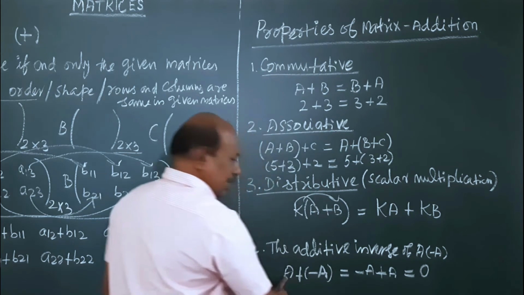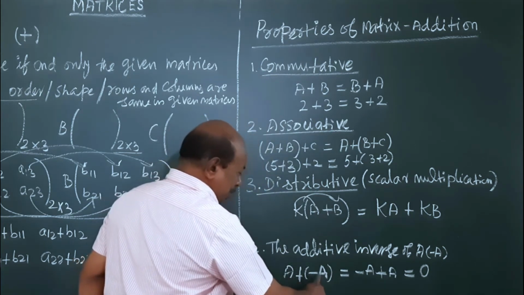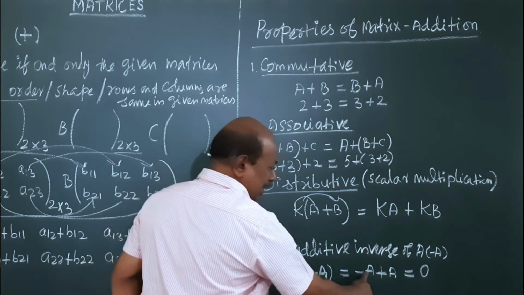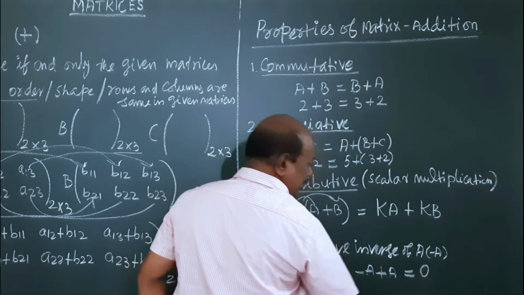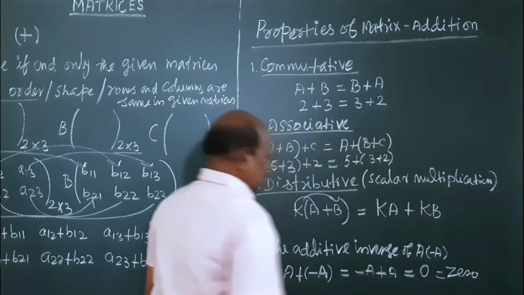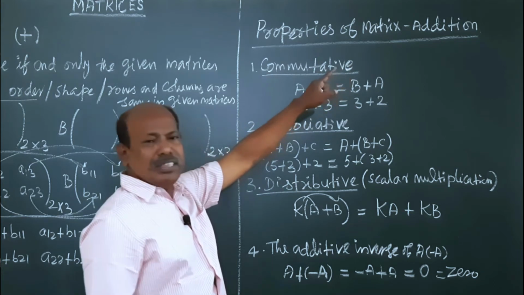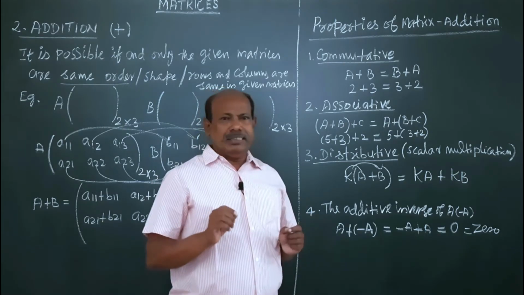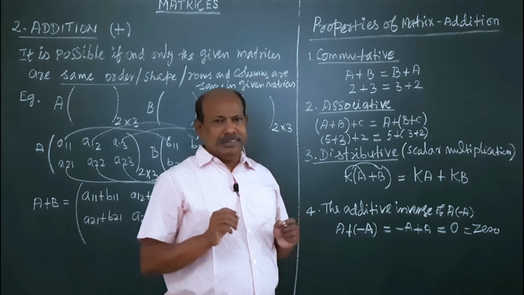Like that, A plus its additive inverse minus A equals minus A plus A, which is equal to 0, that is the zero matrix. That is the properties of matrix A with regard to addition. Subtraction is treated as negative addition.